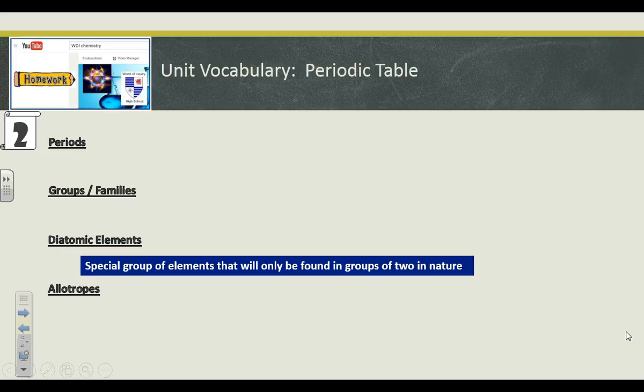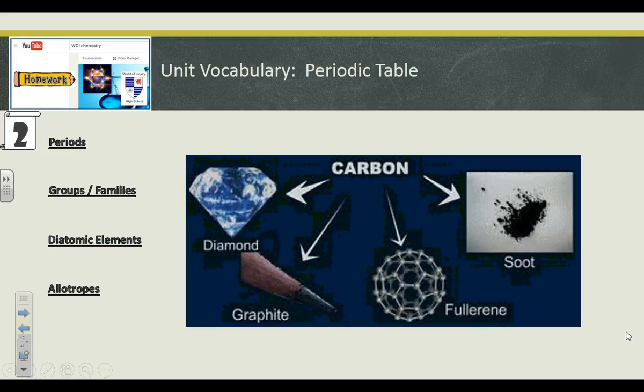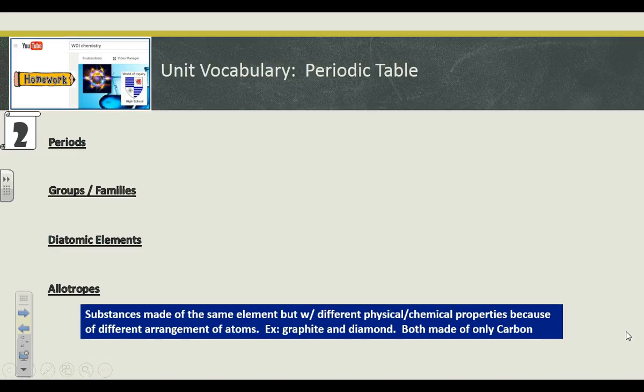Allotropes. Maybe the most difficult conceptual vocab word for this unit. Here's a picture of carbon 4 different ways: diamond, graphite, a fullerene, and soot. Basically, this big long definition sums it right up. The substances are made up of the same element, and only that one element, but they have different physical and chemical properties because they have different arrangements of atoms.